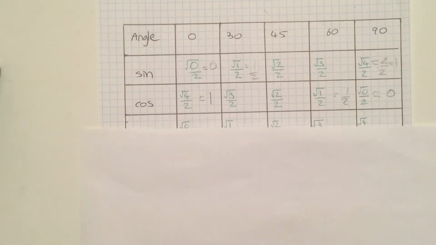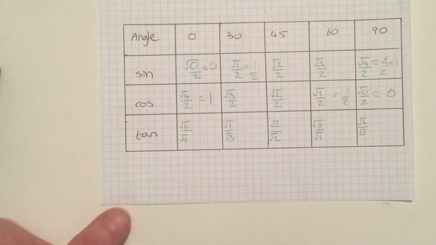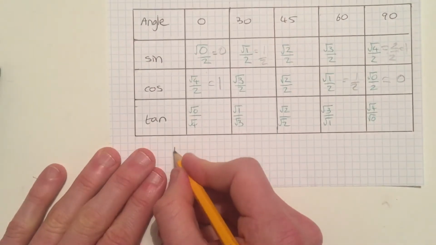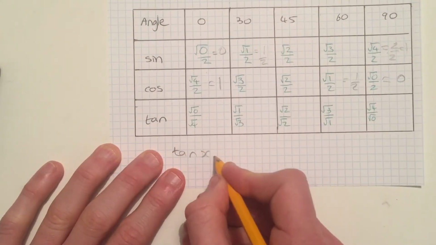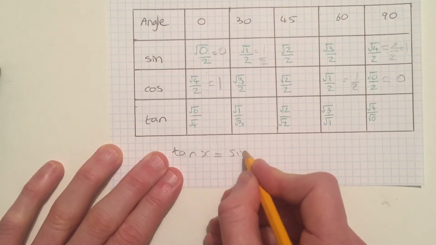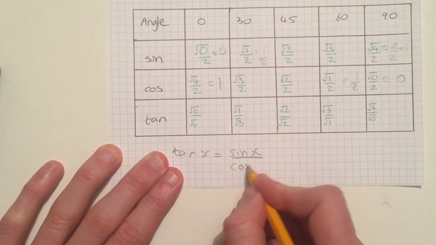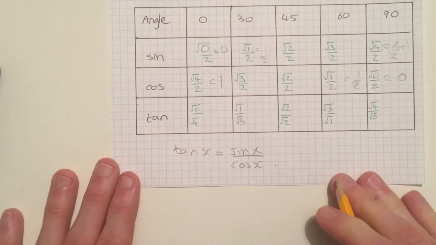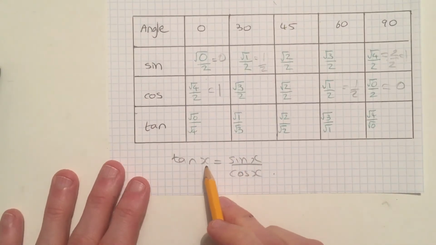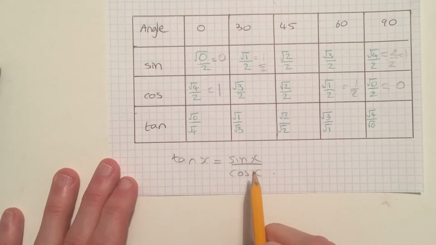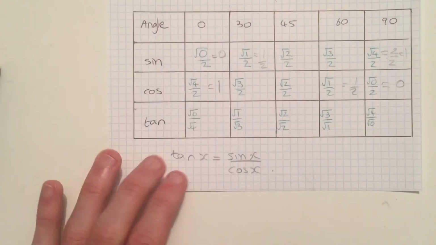And then in terms of the tan, now when you do A-level maths, you will learn all about something called an identity, and basically tan is always sine divided by cos. You don't need to know about it for GCSE, but the tan of an angle is always the same as sine of the angle divided by cos of the angle.